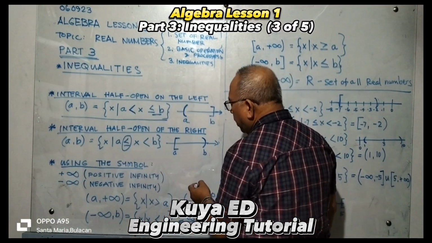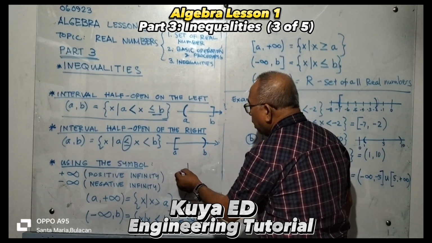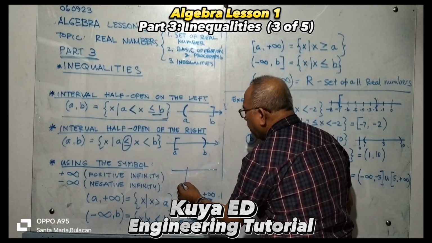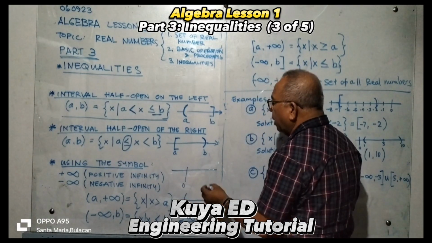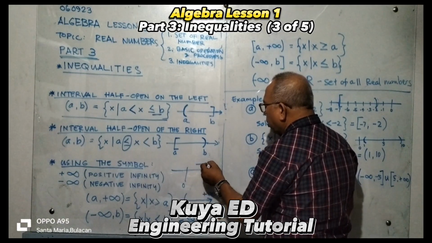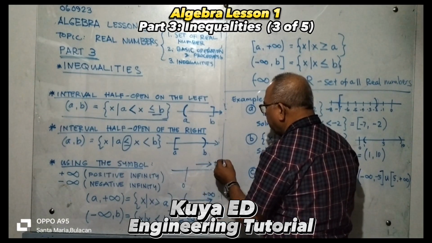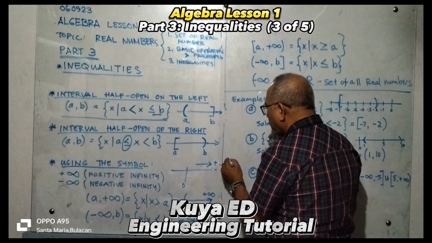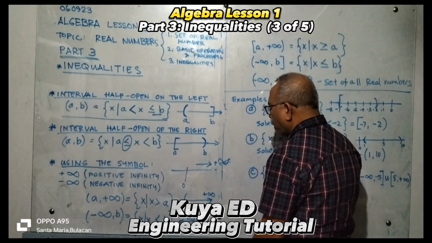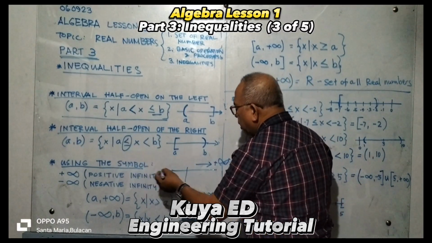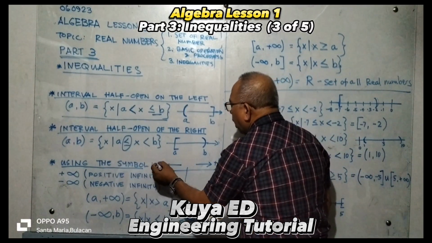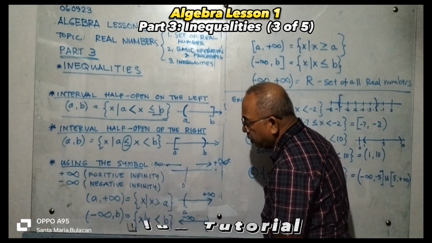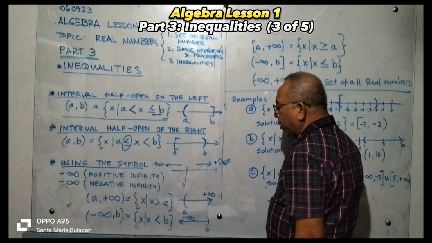Pag sinabing plus infinity, sabihin plus 0, ito yon, starting from 0, if that is the case, so going to that, so we have positive infinity. Okay, so going to the other side, so we have the negative infinity. So, kaya meron tayong negative and positive.